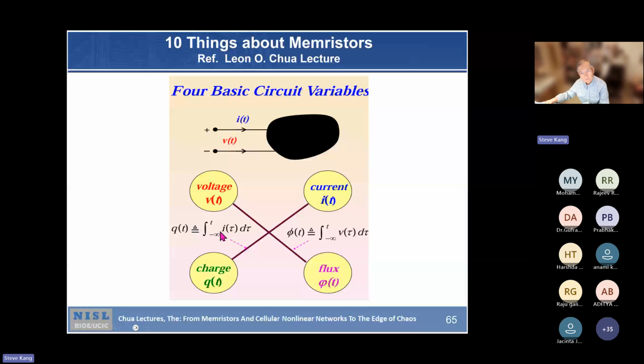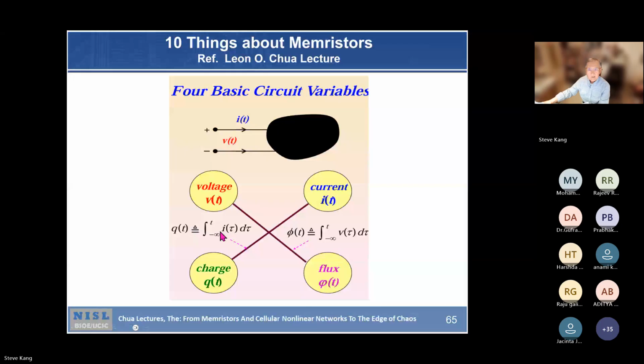So that's well defined. All these three are defined. But the question is, what about between Q and φ? This is what Leon Chua called the missing link. There must be, by symmetry, some relationship, but nobody has defined this relationship.